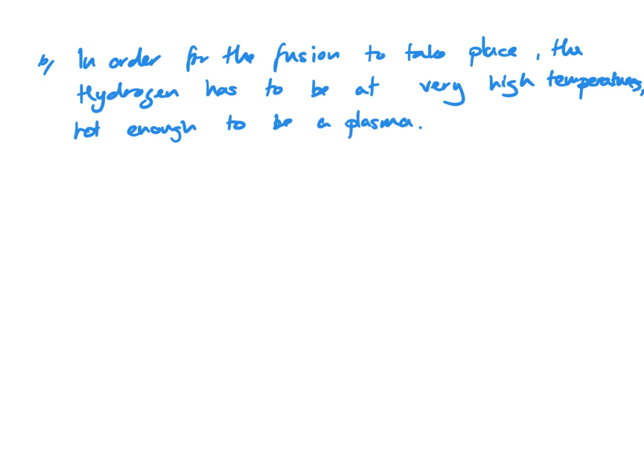Okay, so we've got this problem of containing it. And there's a few different solutions. The two main ones being explored just now are magnetic containment, so tying in with the work we did earlier on magnetic fields. But you can also get what's called inertial containment, which uses light.